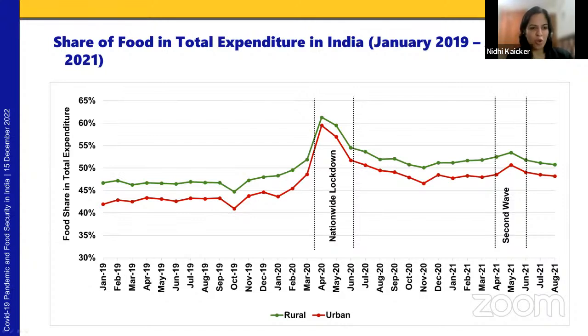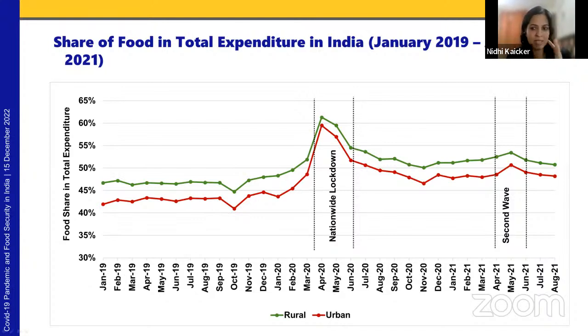And this suddenly shot up to 59% in urban areas and 61% in rural. Of course, the total expenditure may have shrunk, firstly, because there were fewer avenues for discretionary spending, and at the same time, there was increased uncertainty, which induces people to reduce spending on non-essential items.